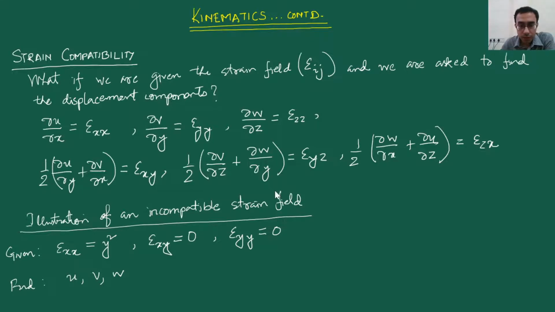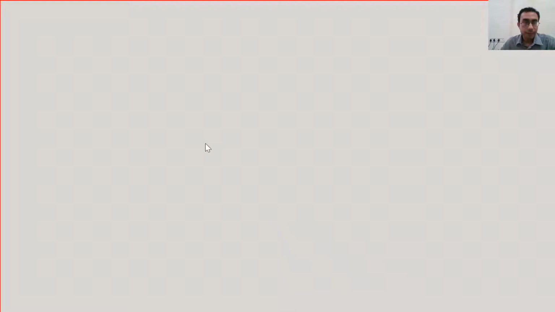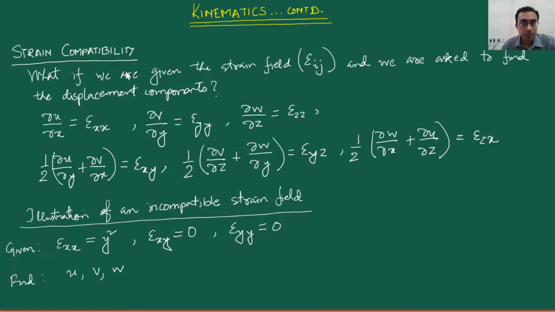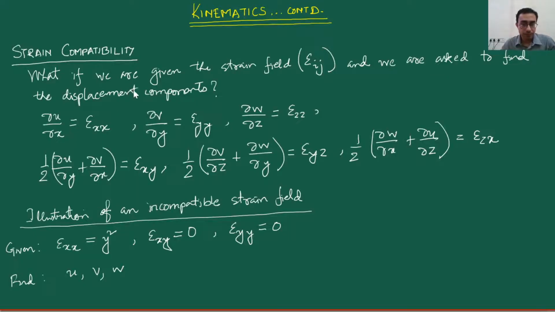So we have del u del x equal to epsilon xx equal to y square. Now this is a partial differential equation, and we can solve this.